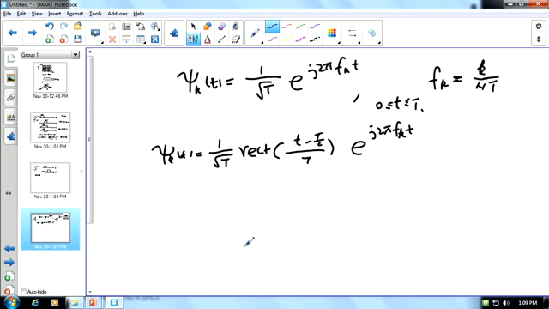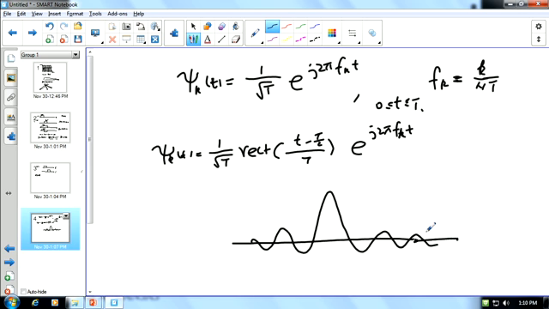If we perform the Fourier transform, that's how the spectrum will look. This is right here, f_k. Okay, so that's the waveform in the frequency domain. That's the Fourier transform of φ_k(t). Okay, that's the Fourier transform of φ_k(t). Any question?